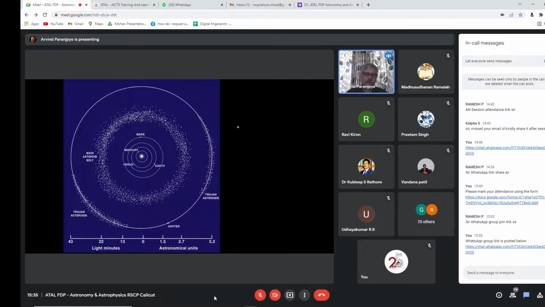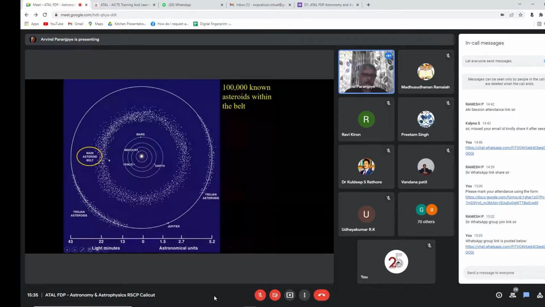Now talking about asteroids, over some period of time people started finding more and more asteroids in this region at 2.8 astronomical units, and these are called main belt asteroids. There are about 100,000 known asteroids within this belt.